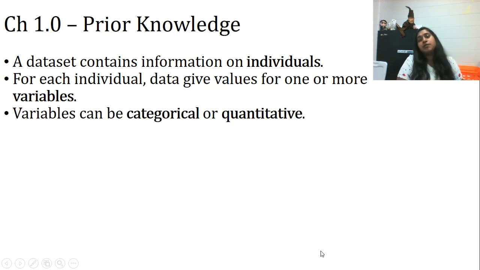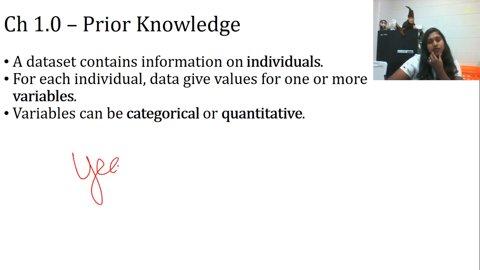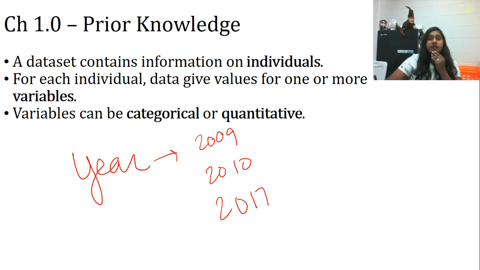Okay, variables can be both categorical or quantitative. Some variables have an opportunity to be both, but not in the same data set. For example, the most common one that I see is year. If my years are 2009 and 2010 and 2017 and whatever, then this would be quantitative data.